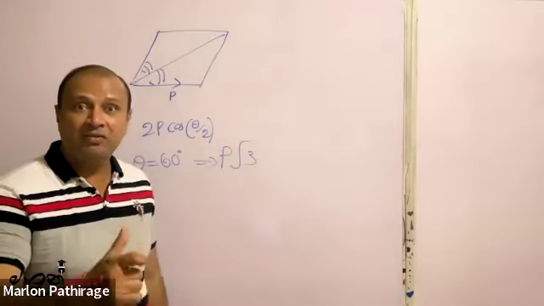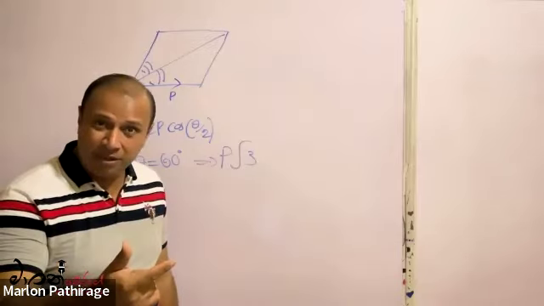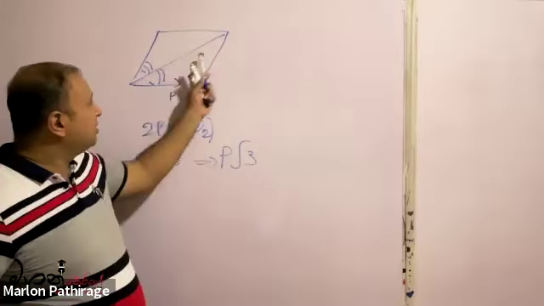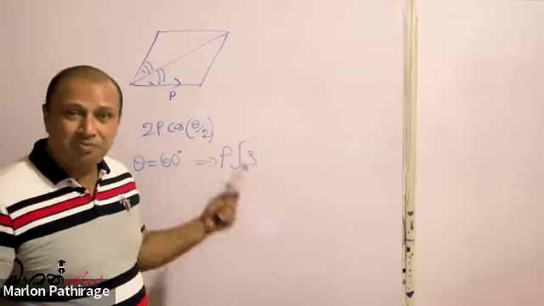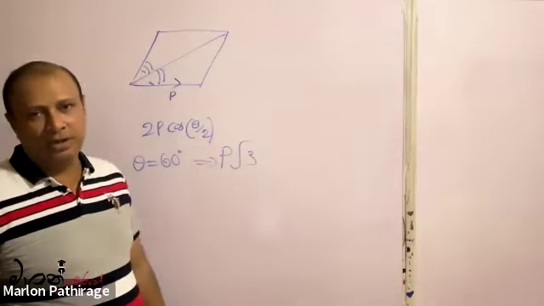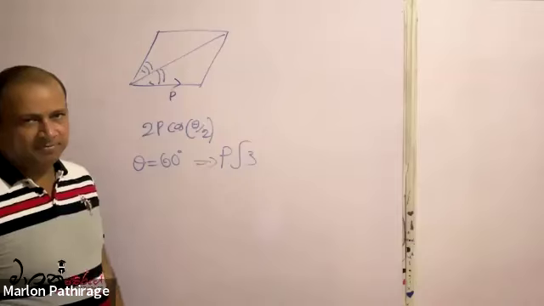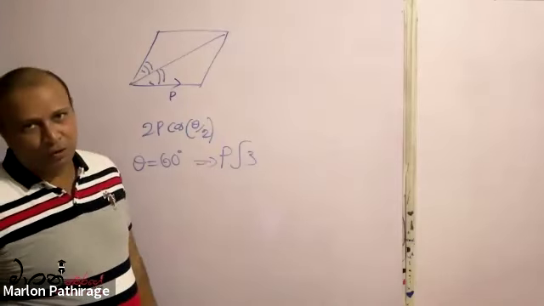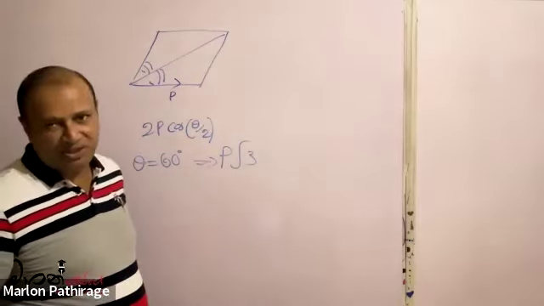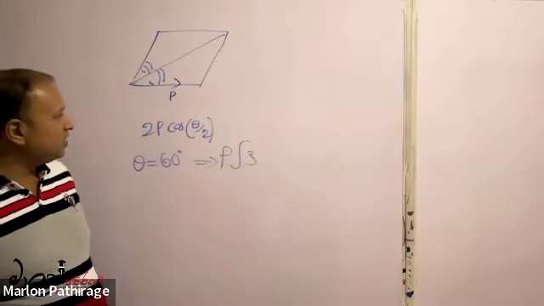Now, the given resultant vector is 20 root 3. That means P is equal to 20. Therefore, P is equal to 20 and theta should be equal to 60.